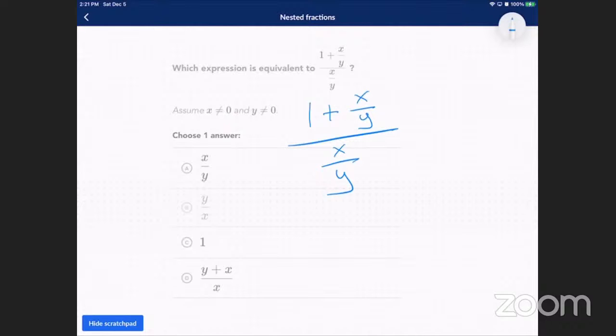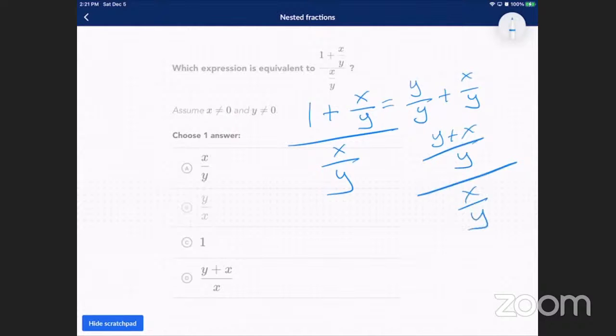We can see that this 1 will basically become y over y plus xy, which would lead to y plus x over y. And then you have an xy like that. Because we have that, we can also do the cancellation of the bottoms, and we end up with yx over x, not a g, a y. And then that looks like this one down here.